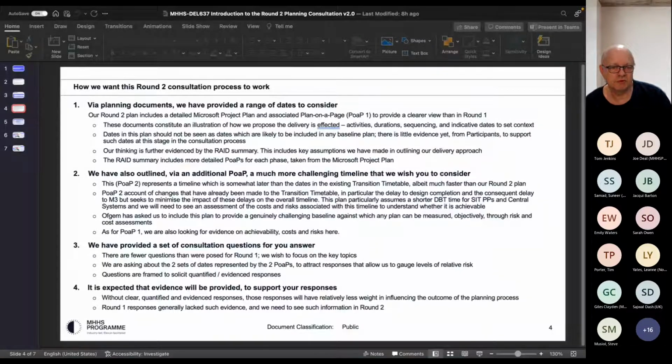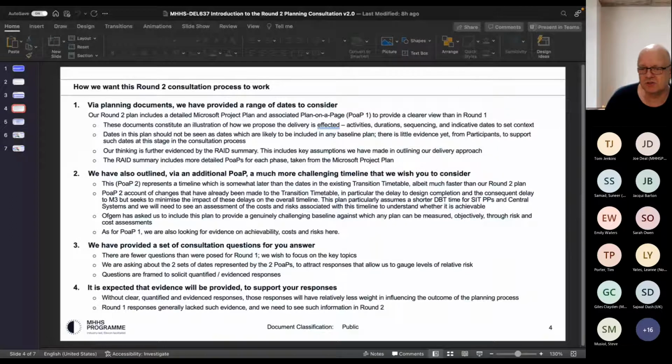And then we've also offered a more challenging timeline. It's not a plan. PoaP 2 is a timeline. Let's call it the happiest path timeline. It's no contingency, high risk.